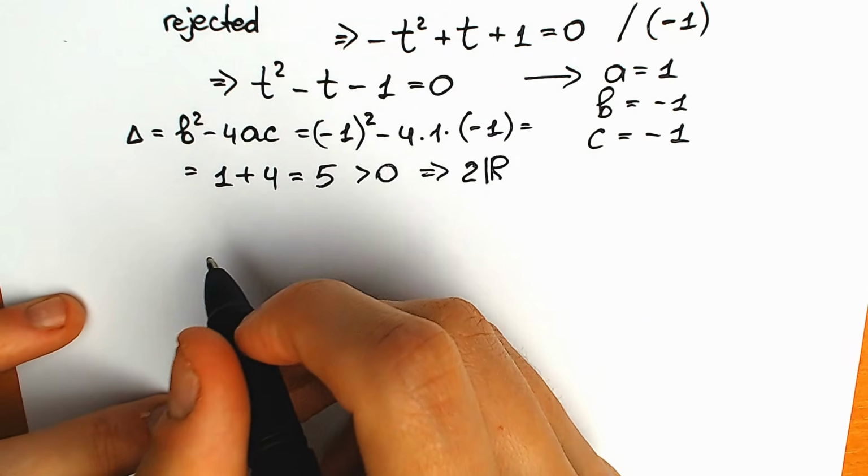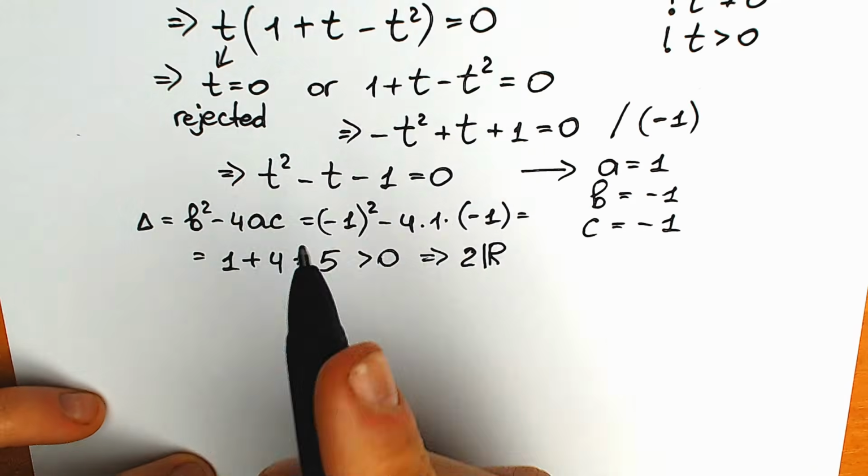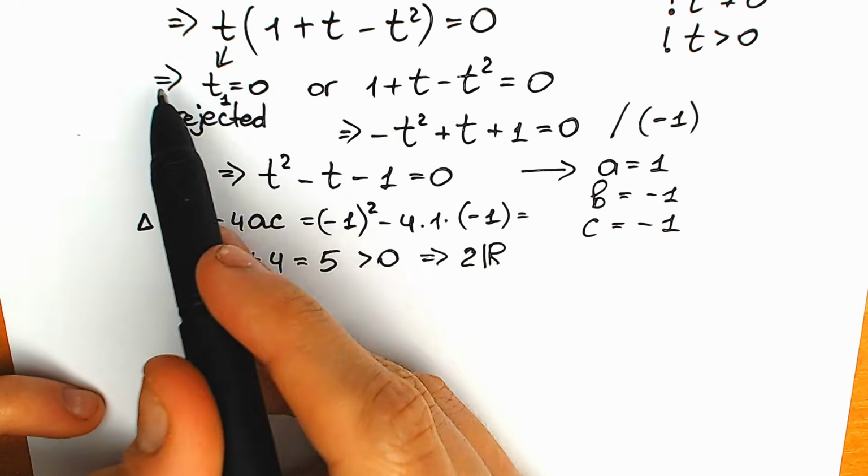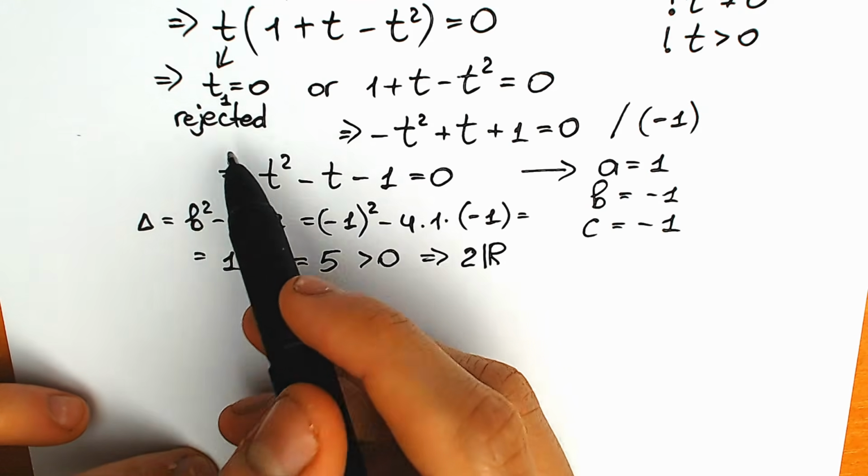So right now let's solve it. For example, imagine this is our t first, so let's write that t first equal to 0. Of course we reject it. Maybe right here we have complex roots, so it doesn't matter.